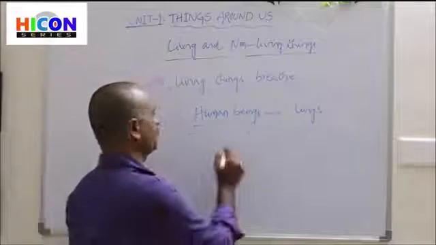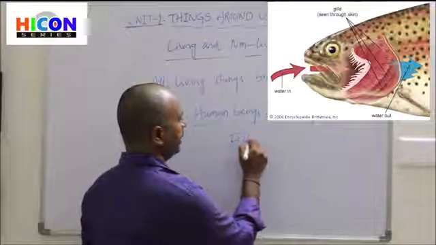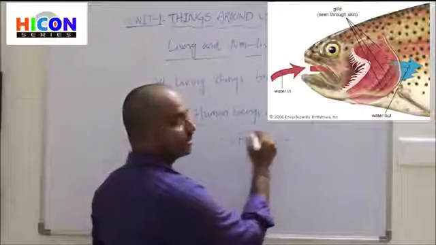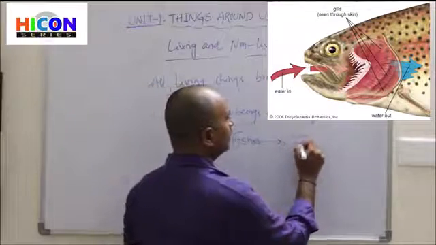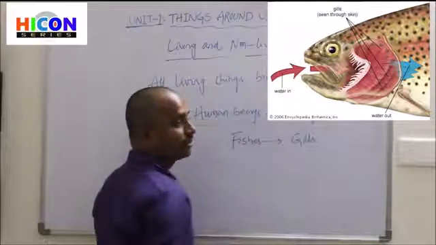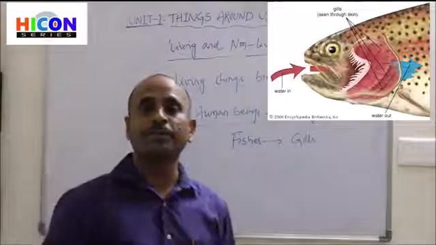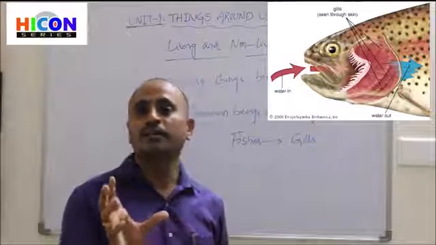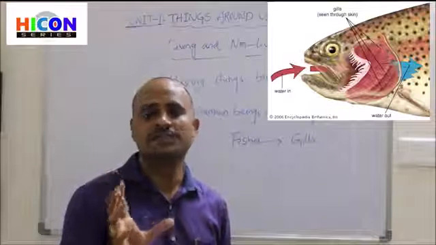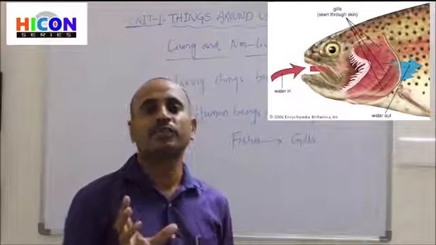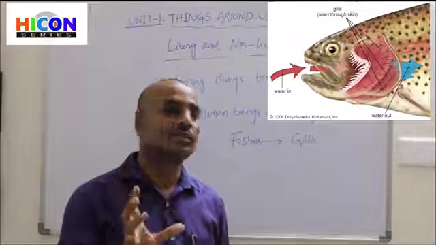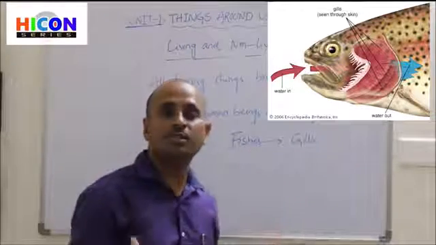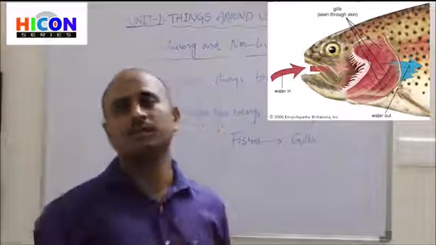And in fishes, they breathe oxygen with the help of their gills. Look at the picture. It is a picture of a fish, showing the gills present in the fish. With the help of the gills, the fishes will breathe oxygen present in the water.